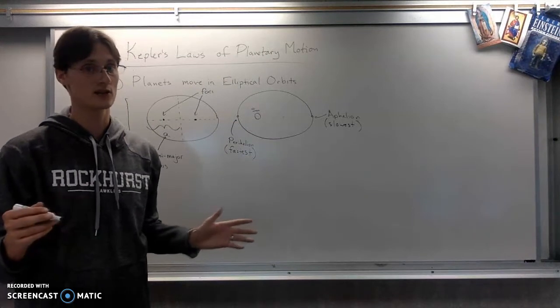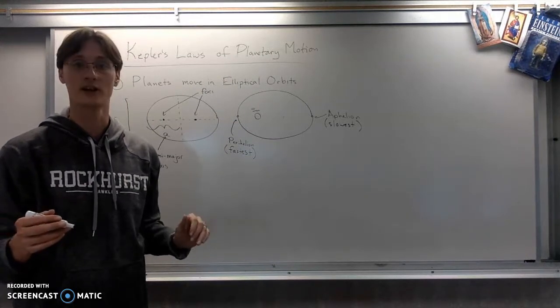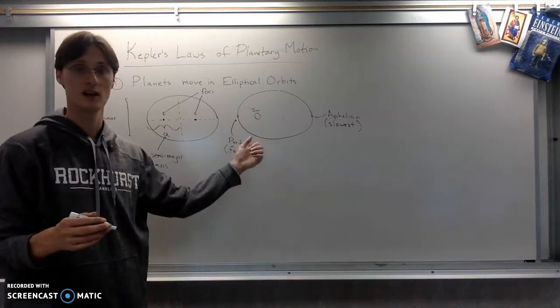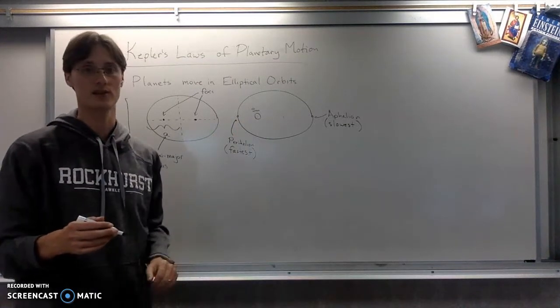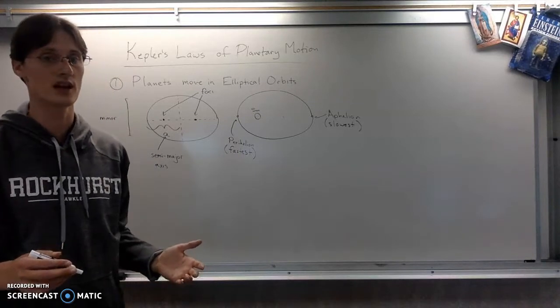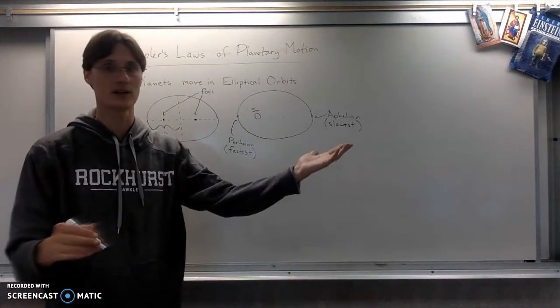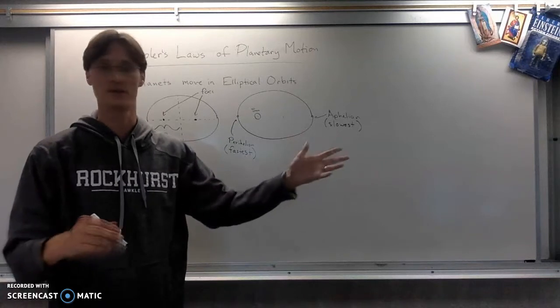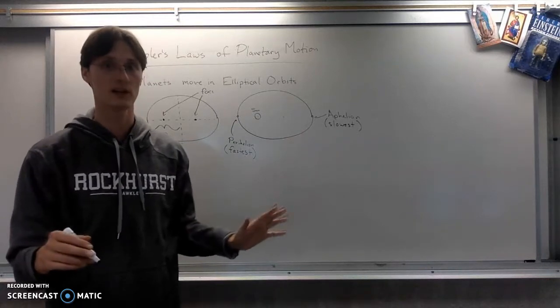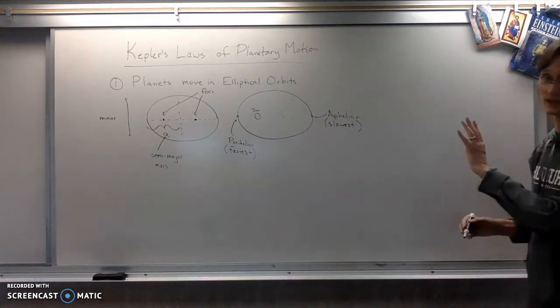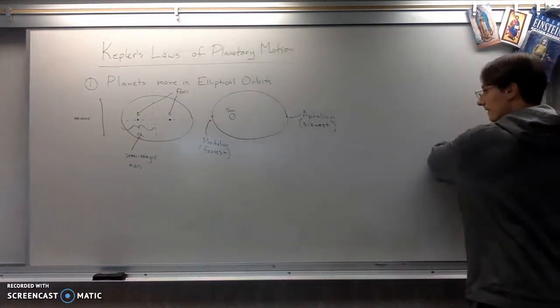Things moving in circular orbits don't do that. They have a constant speed because they have a constant distance away from the thing that's in the center of the orbit. So the speed won't change unless there's some third planetary body out there that's acting on it and messing with its orbit. It should be constant. That is everything that I think we need to know about Kepler's first law.